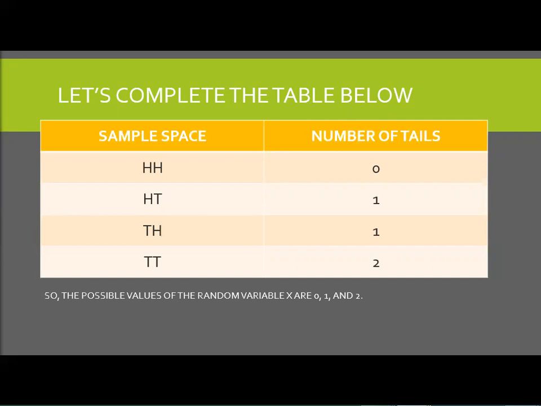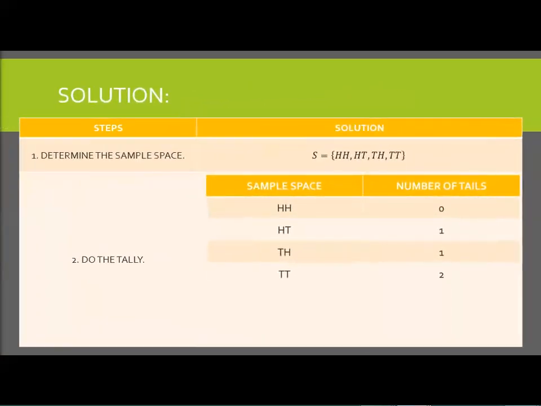Now, in constructing a probability distribution, we are to follow the steps below. There are other teachers and mathematicians who have their own way of constructing the probability distribution, and you can of course use those. But for this video, I'll be using the following steps.